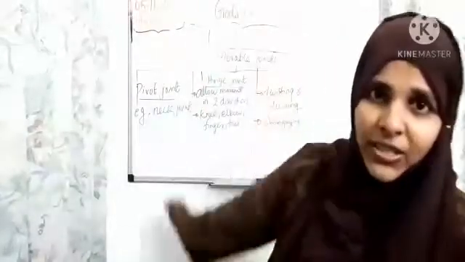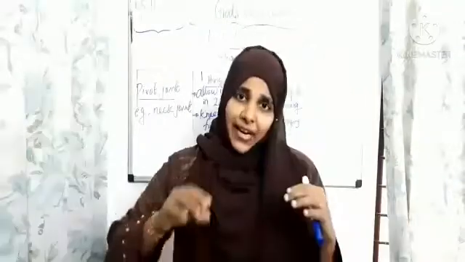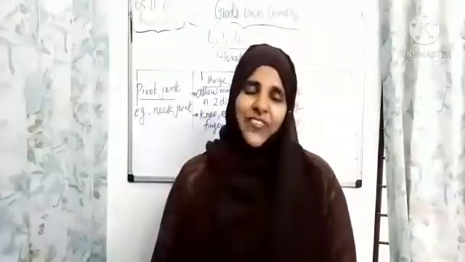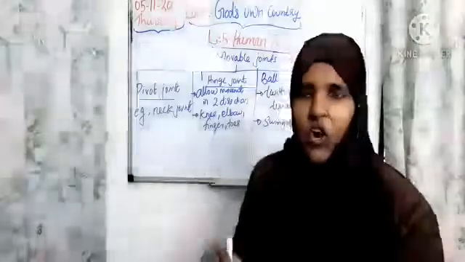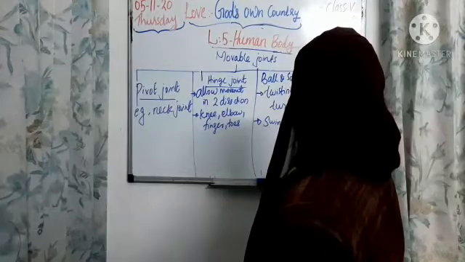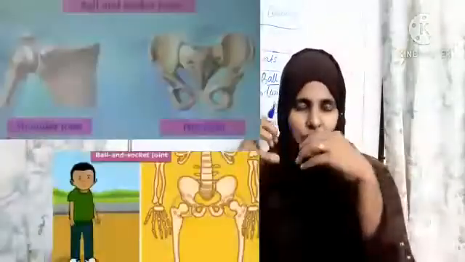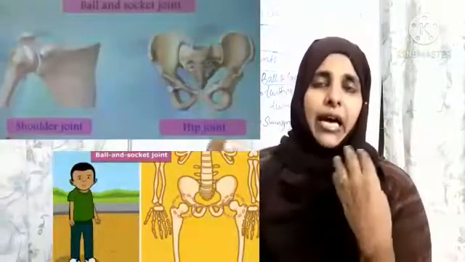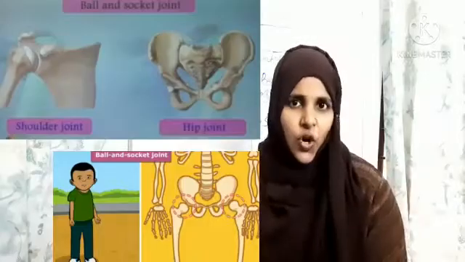We can rotate our arms because of this ball and socket joint. Likewise, the leg and hip are connected with a joint, which is why we can turn and twist our hips easily. The ball-like structure is connected to the socket-like structure, that we call a ball and socket joint. Examples are the shoulder joint and hip joint.